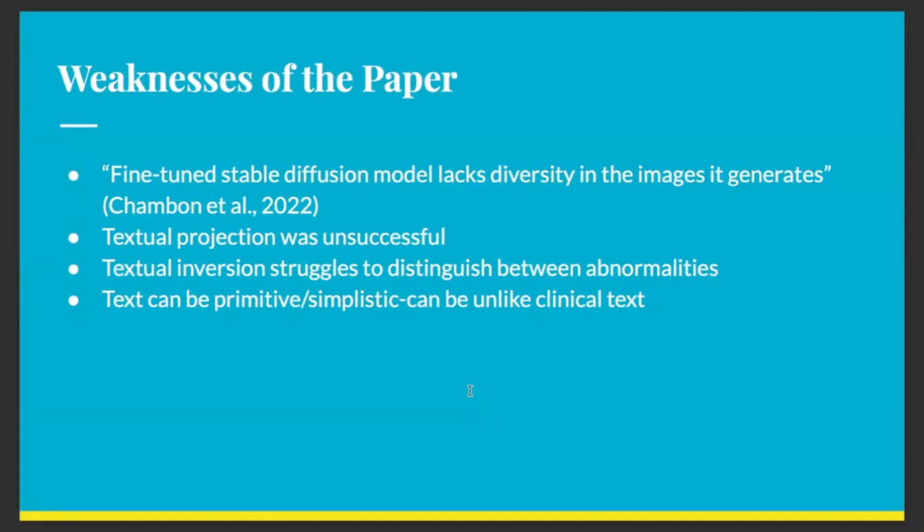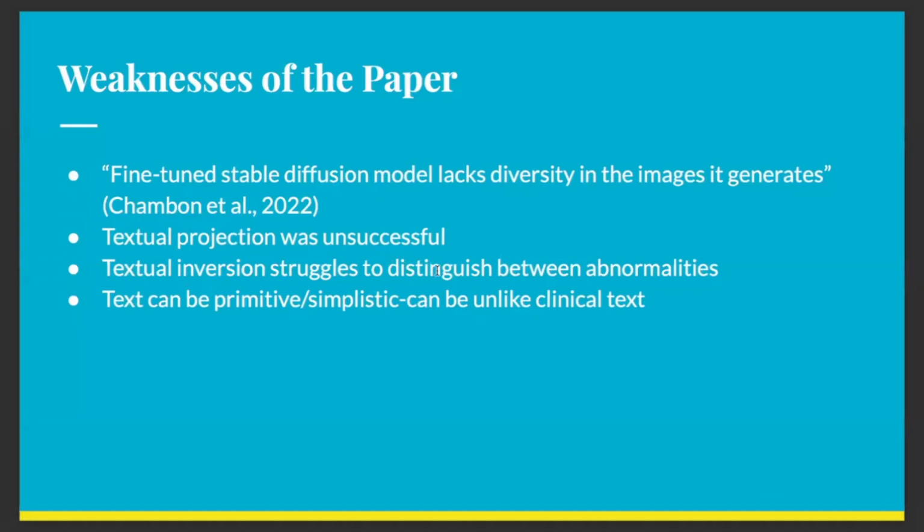They found that their model lacked diversity in the images it generates, possibly due to limited training data. The textual projection, which they also call textual inversion, was unsuccessful. They did not manage to create realistic chest X-ray images from their textual projection captions.